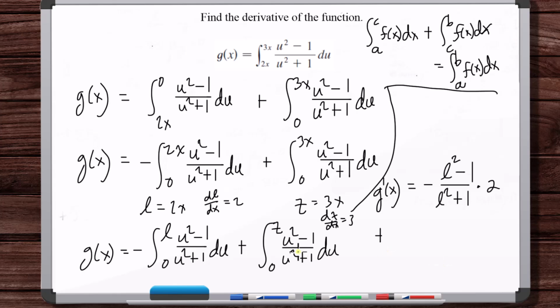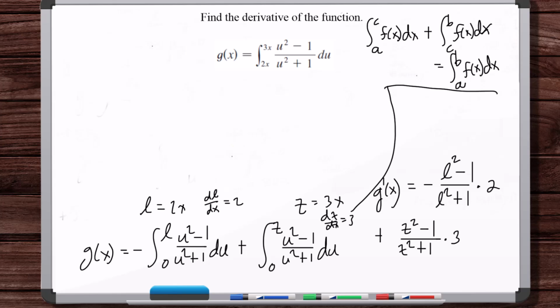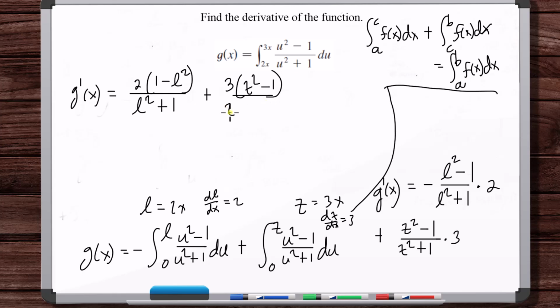Okay, plus, now this is some function of z. What is df dz? Okay, now what is dz dx? You see? So let me create some room here. So g prime of x is equal to 2 times 1 minus L squared over L squared plus 1, plus 3 times z squared minus 1 over z squared plus 1.